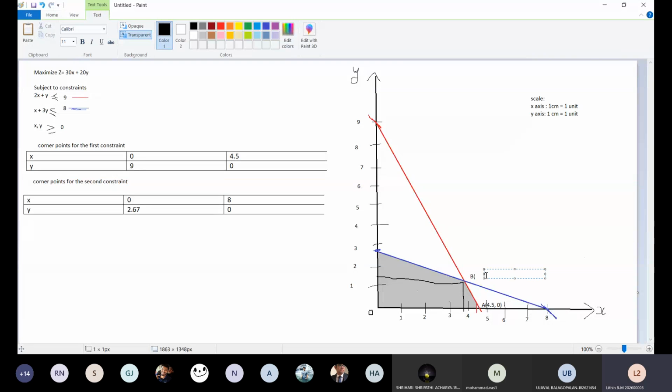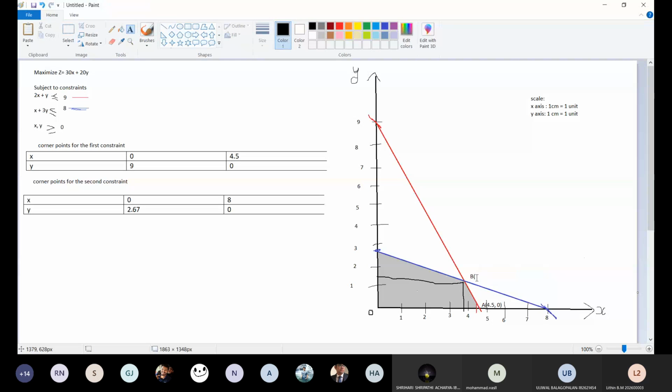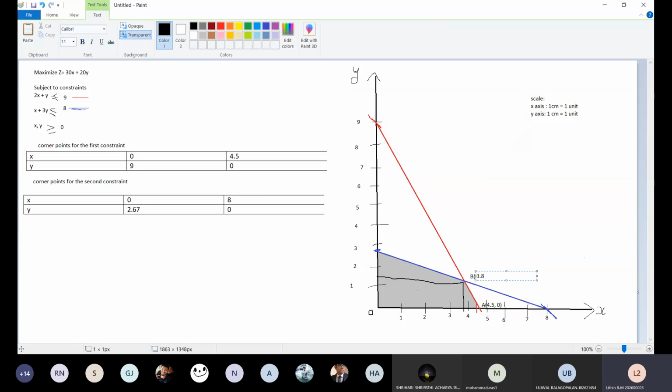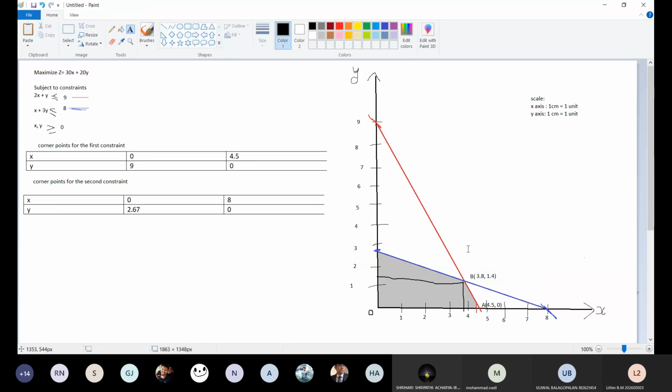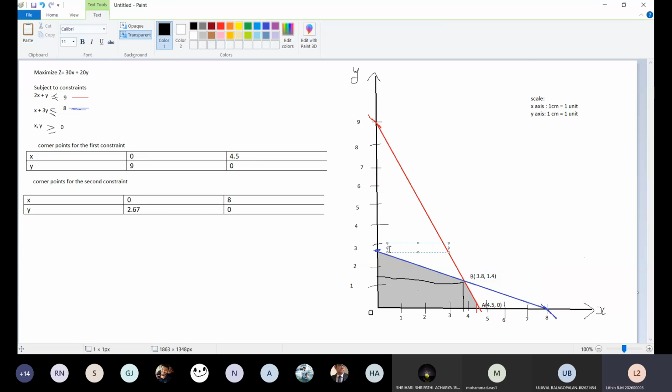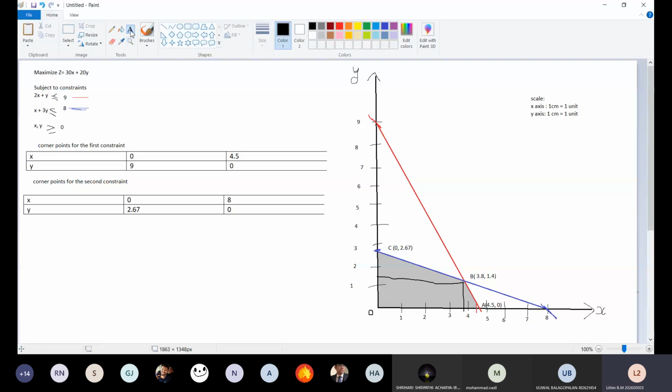The actual value is 3.8. So let me write 3.8 only. So x is 3.8. And what is y? The actual value is 1.4. Now, C. What is x? Zero. Then what is y? 2.67, right? Now we'll get the optimum value.